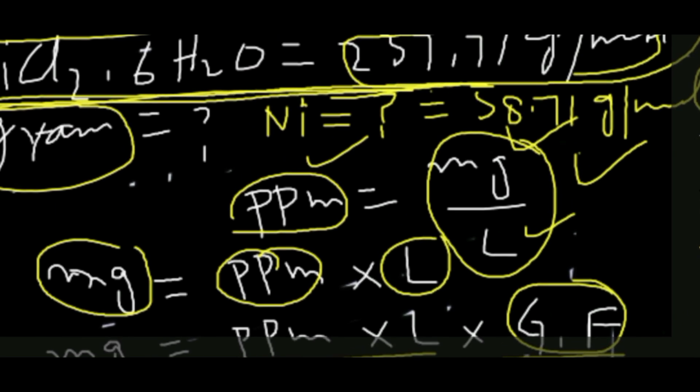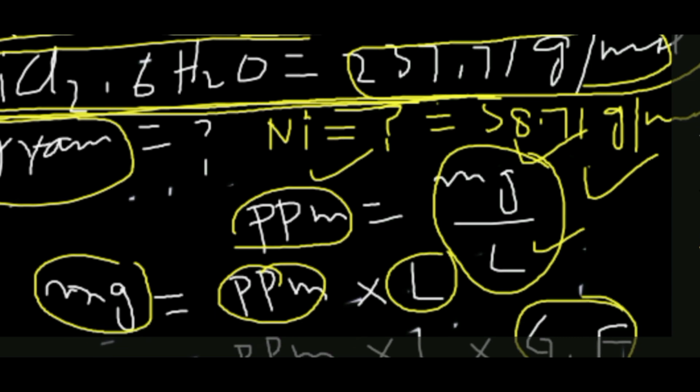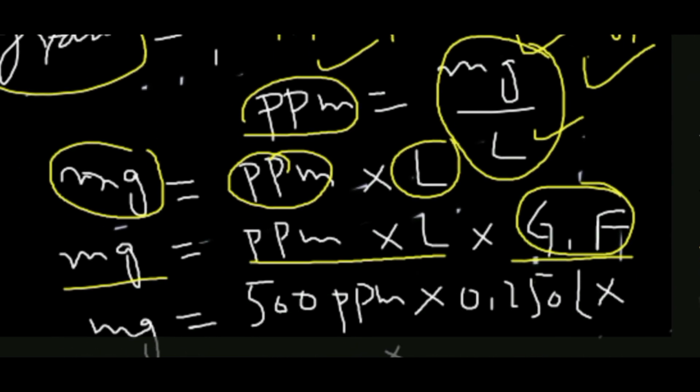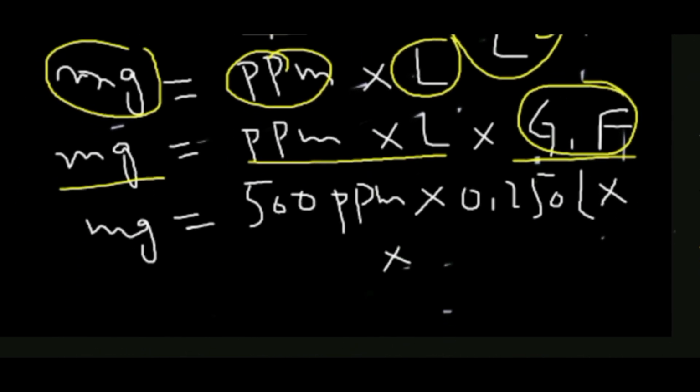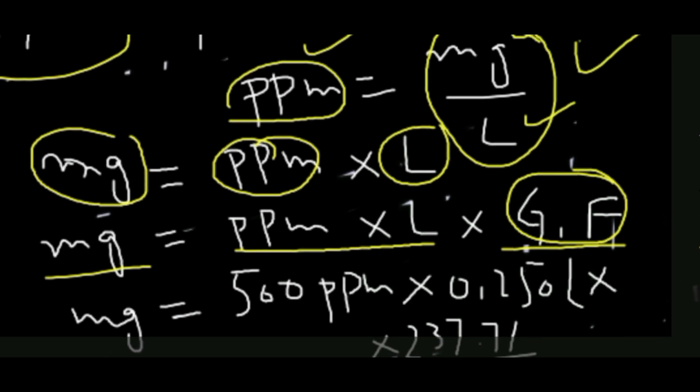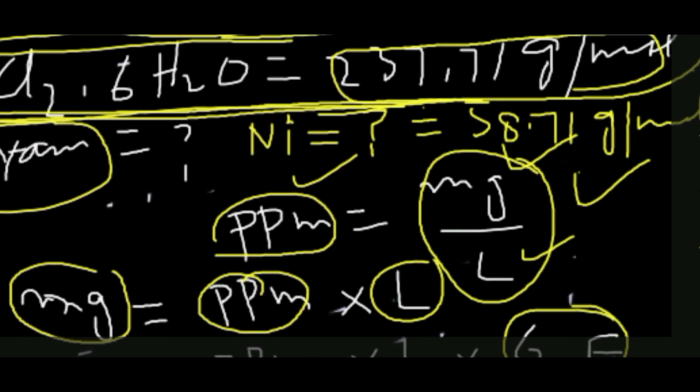we have a formula weight of 237.71, divided by the atomic weight of nickel, which is 58.71.